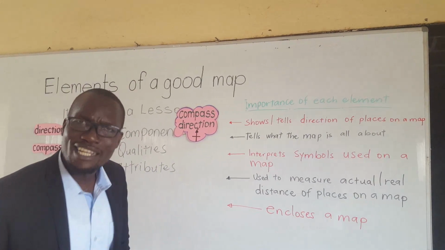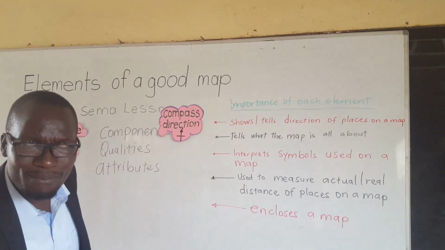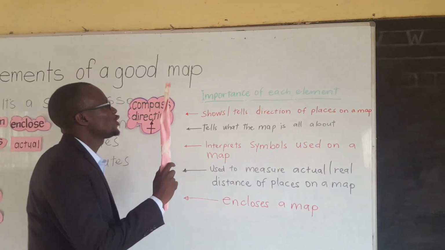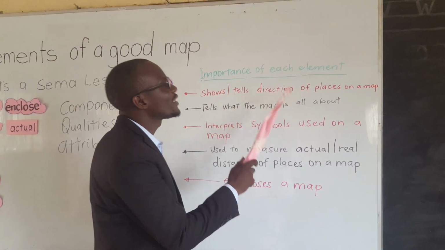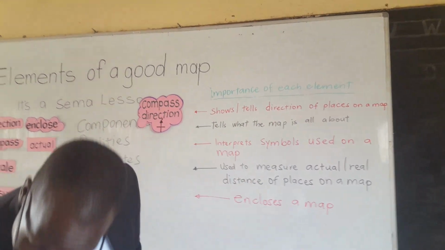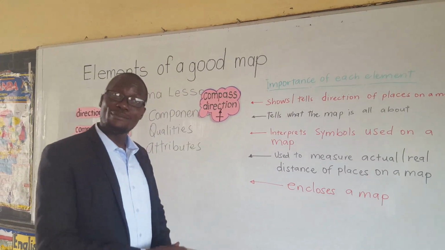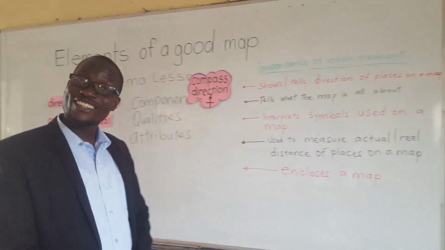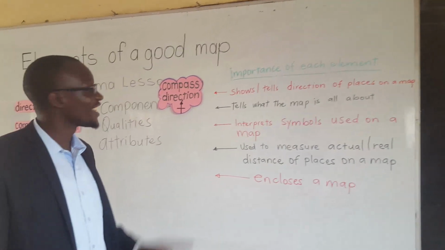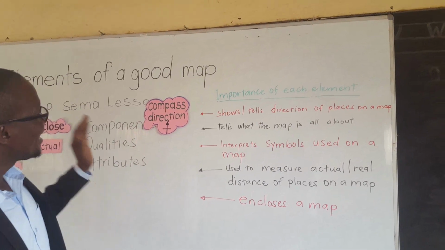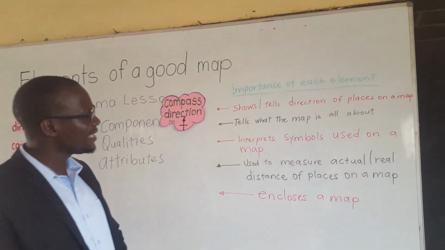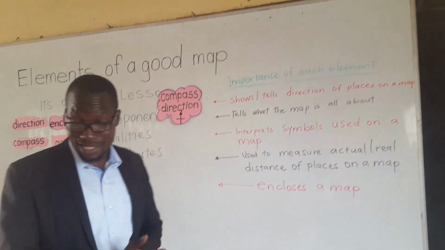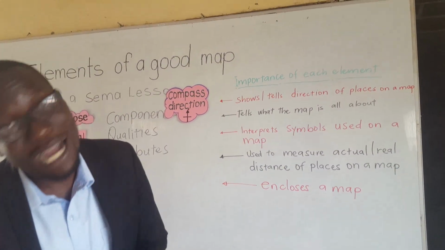What does the compass direction do on a map? The compass direction shows or tells direction of places on a map. Which element shows or tells directions on a map? That's the compass direction.